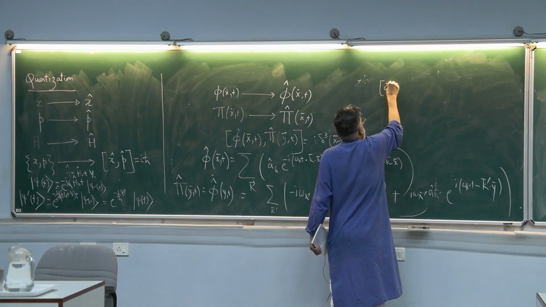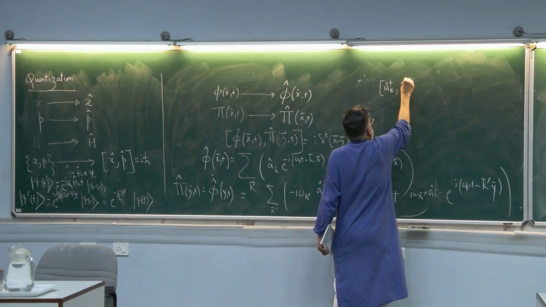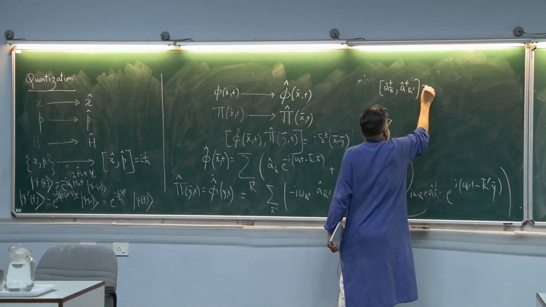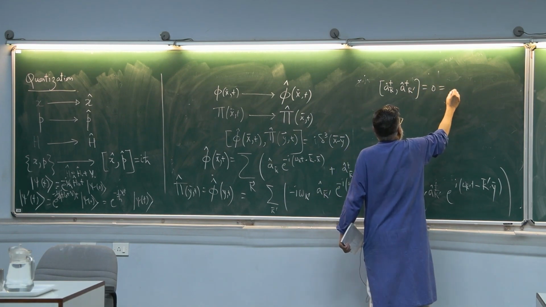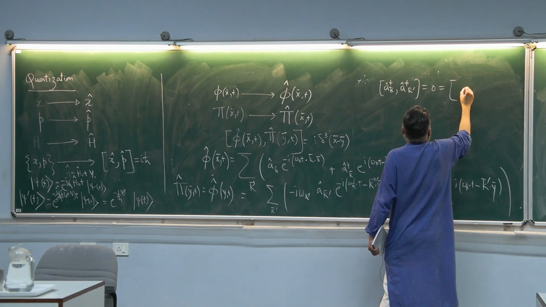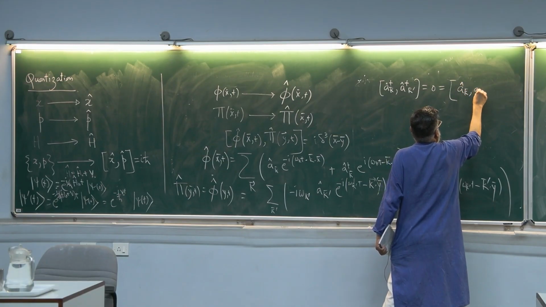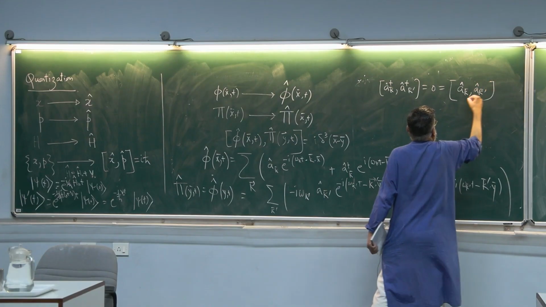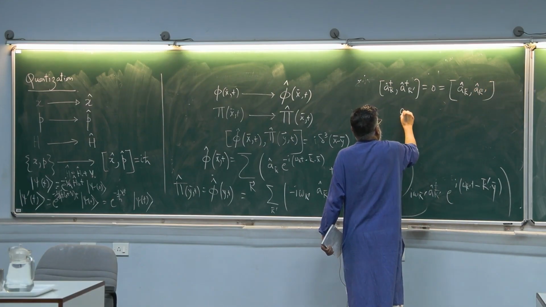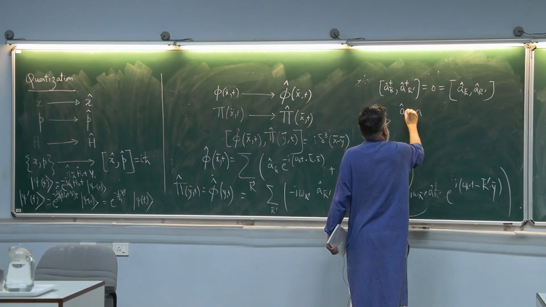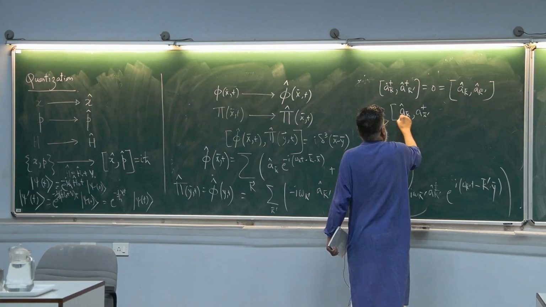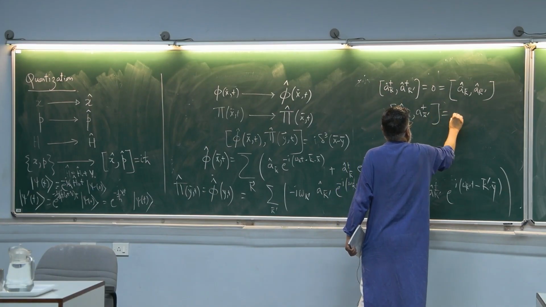AK with AK prime is 0, so is the dagger one, but AK with AK prime dagger is delta K, K prime.